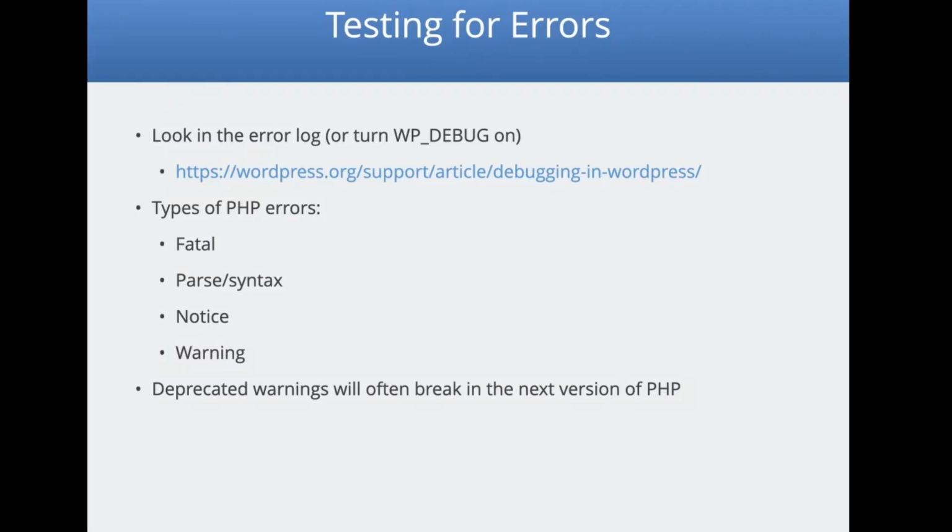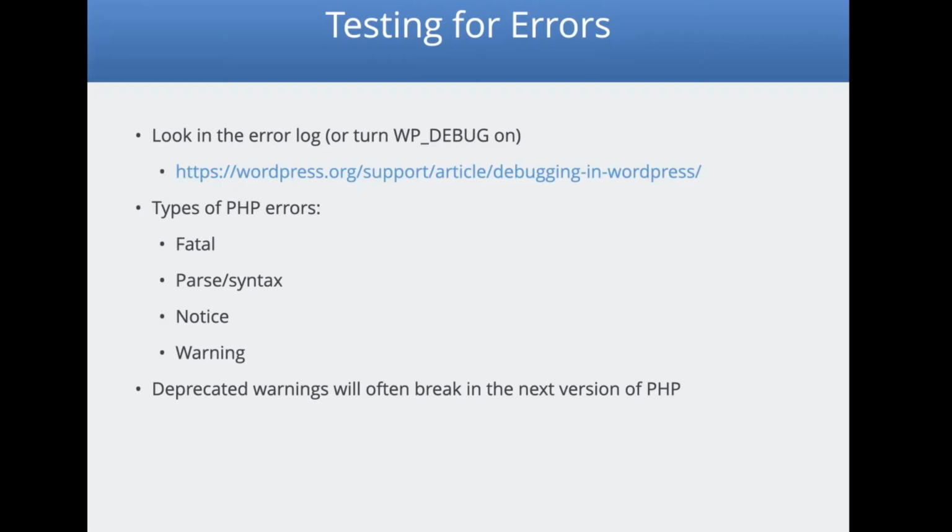And then there's notices and warnings. If you have debug off, you're not going to see them. They're not necessarily going to impact anything on your site. It may function normally, but they are an issue.